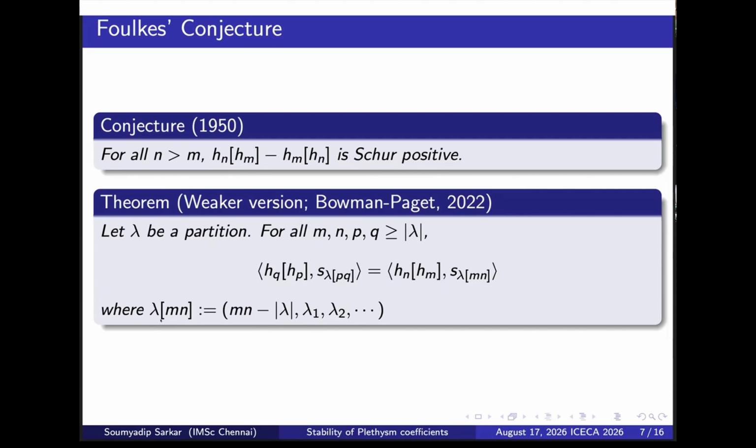So it implies that when your m, n, p, q are large enough, they do not really play any role. They become constant once you fix lambda. That was proved using the representation theory of partition algebra.